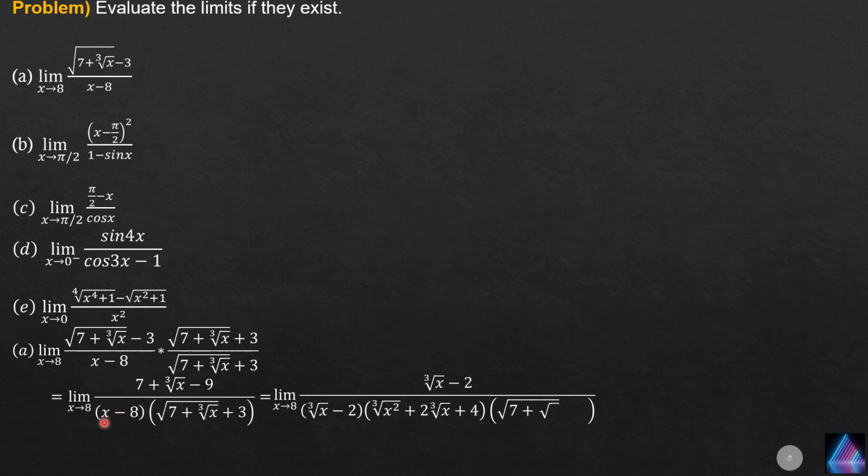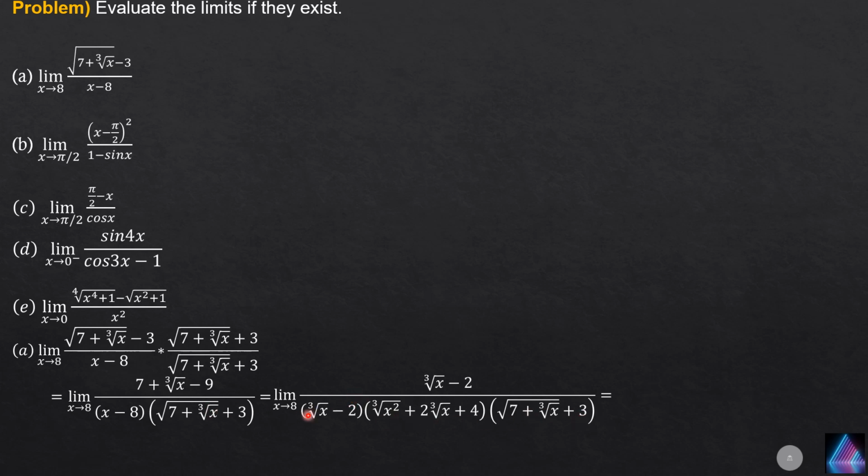Let's factor x minus 8 and write this as cube root of x quantity cube minus 2 cube. We have difference of 2 cubes. Factors are cube root of x minus 2, then square of the first, remember, plus twice the product, so 2 cube root of x, and square of the second, which is 4. And we just copy this part.